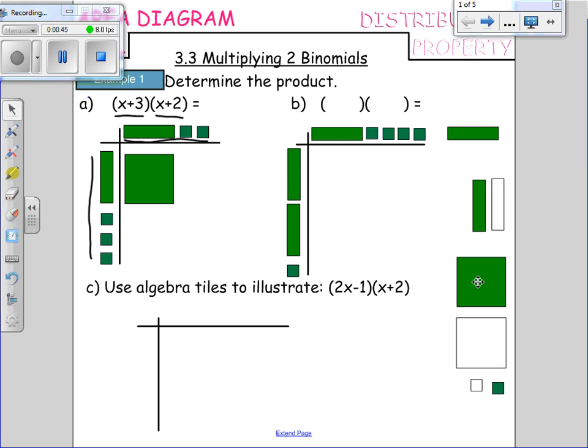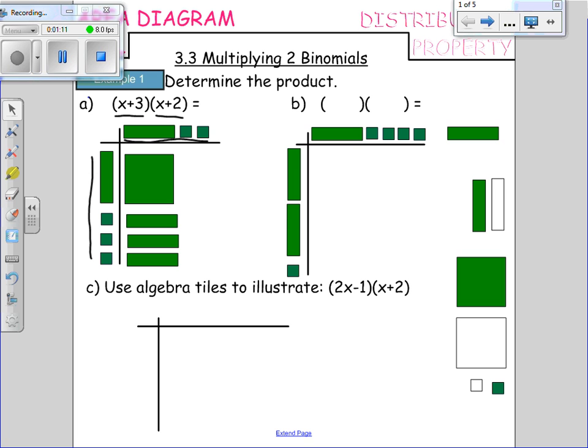What are our next things over here going to be? 3 positive x's, right? That times that would give you a little x. And these, you're going to have 3 of them. That's simple enough. Now we have to work our way down this way.